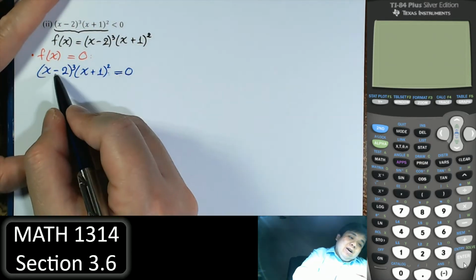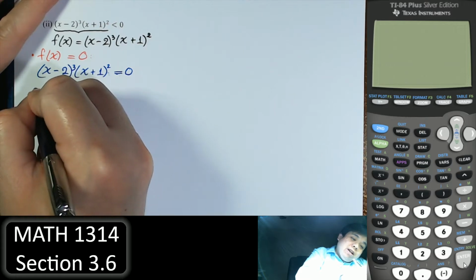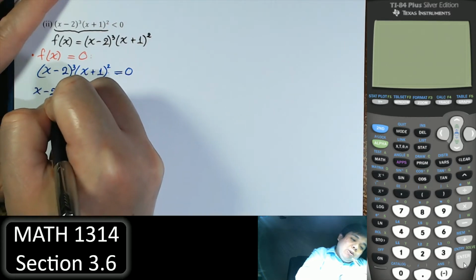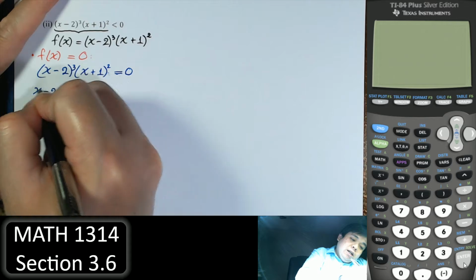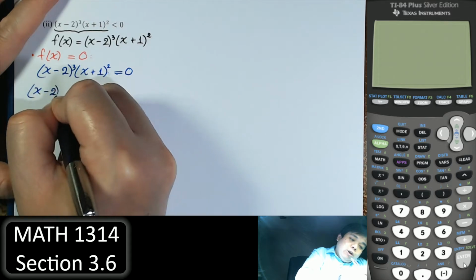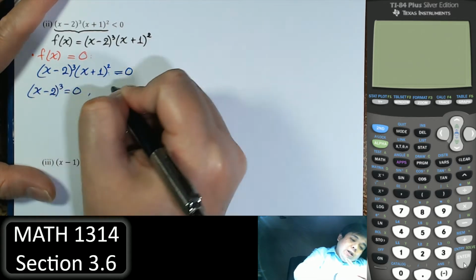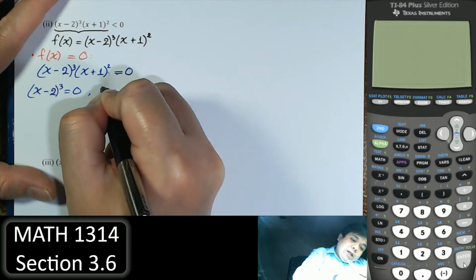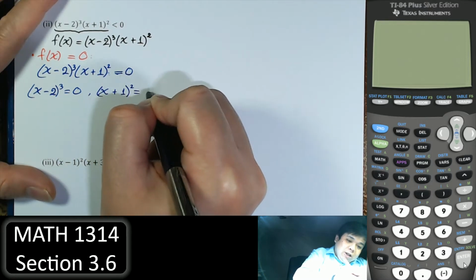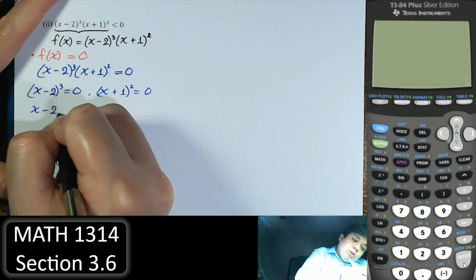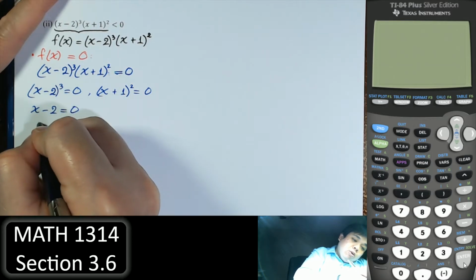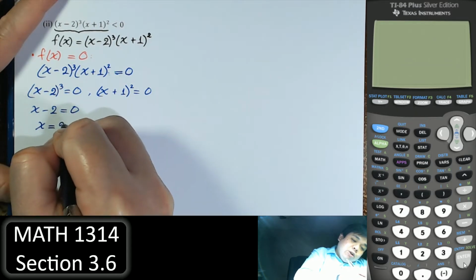Right, we have two factors equal to 0, so we have (x minus 2) cubed equal to 0 and (x plus 1) squared equal to 0. So that gives us x minus 2 equal to 0, plus 2 on both sides, x equal to 2.